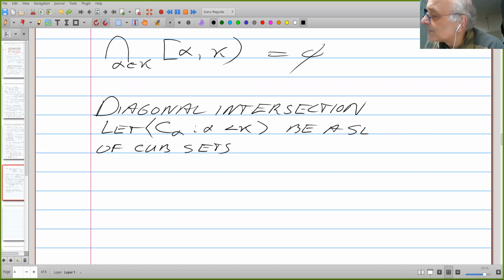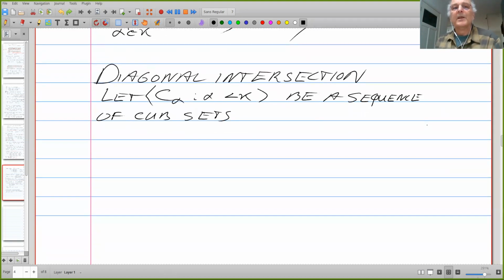It really must be a sequence. The indexing is important here. When we did the intersection of two closed sets, it didn't matter who was the first, who was the last. When we did the small family, it didn't really matter who was the first or the last in the enumeration. The enumeration was useful in the proof. But here the enumeration is part of the statement of the theorem, and the theorem is this.